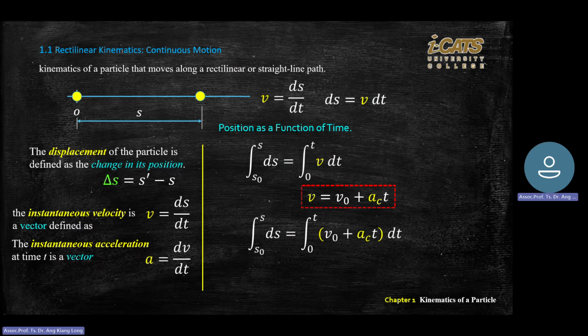Okay, can? Okay, so one more minute. I think we stop for the day. If you derive, you arrive at the third equation, which is s equal to s0 plus vt plus half at squared.